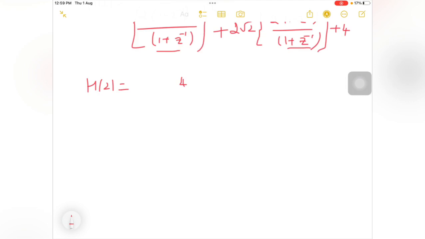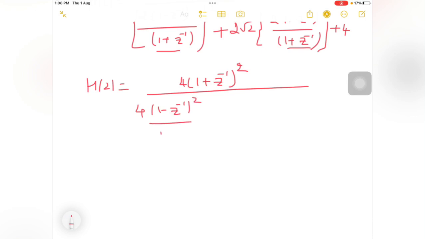So we'll get 4 into (1 plus z inverse) whole square as the LCM, divided by: 2 square is 4, so 4 into (1 minus z inverse) whole square divided by (1 plus z inverse) whole square, plus 4 root 2 into (1 minus z inverse) divided by (1 plus z inverse), plus 4.